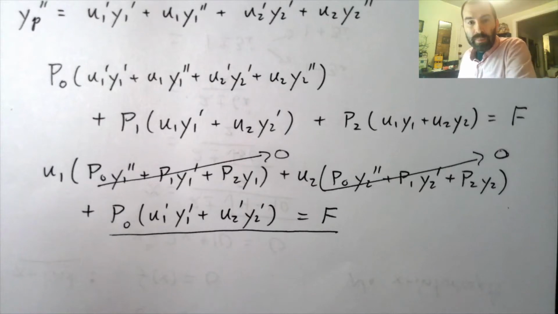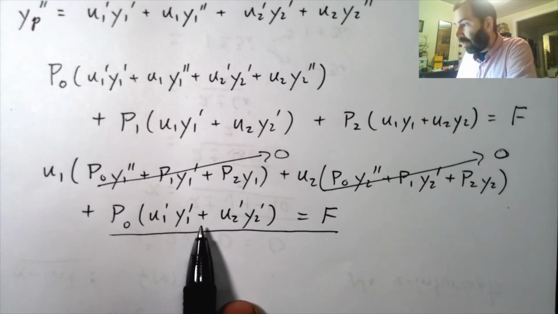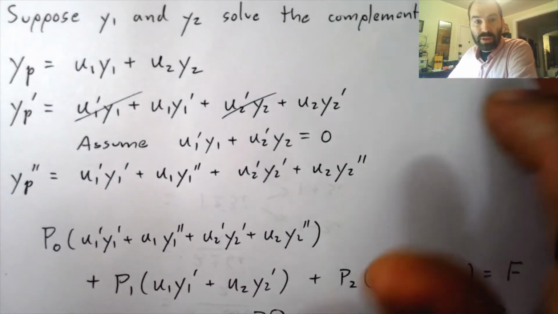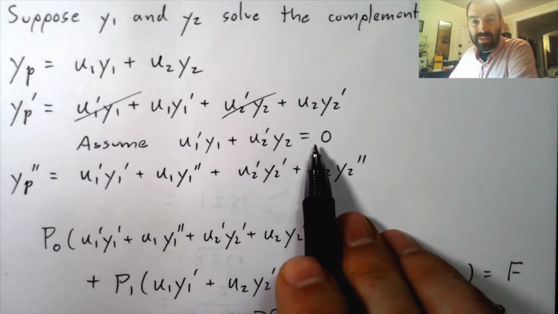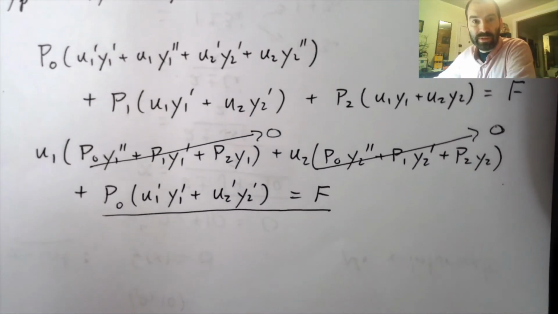Now, what I'm going to do here, we're going to put this together with our other equation. I'm going to write it down as a system, okay? So what was that one equation that we started with? Well, we made this assumption. So I'm going to write this down, and I'm going to write this new equation down, okay?